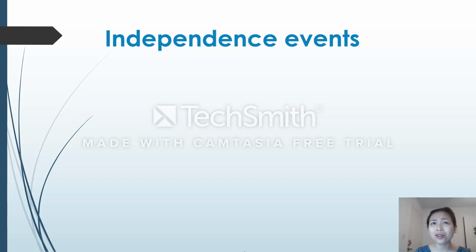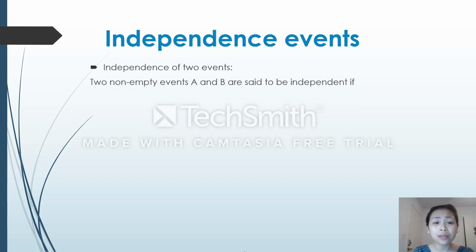Lesson 2 is kind of short, so we don't have much to talk about, but I would like to go over more practice problems. So independent events, first we start with only 2 events. 2 non-empty events A and B are said to be independent if probability of A and B is probability of A times probability of B. That means the probability that A and B occur at the same time is just the product of the probabilities.